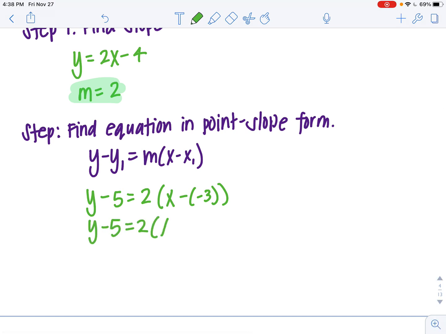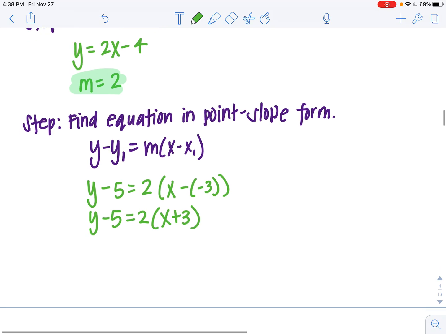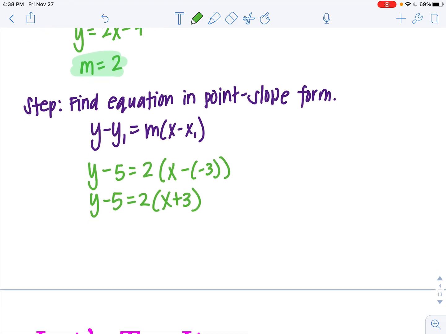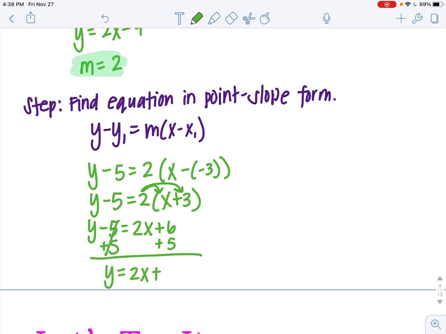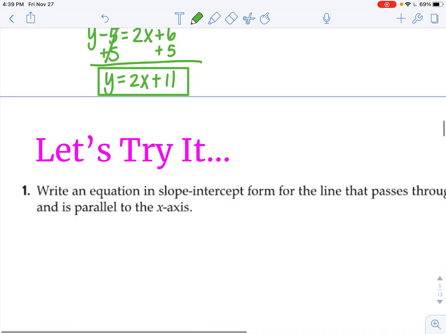Y minus 5 equals 2 times x plus 3. And now since we need it in slope-intercept, we're just going to simplify. So we have y minus 5 equals 2x plus 6, because we're going to distribute our 2. Add 5 to each side. So you get y equals 2x plus 11. And that is your line parallel to the given line that they gave you.